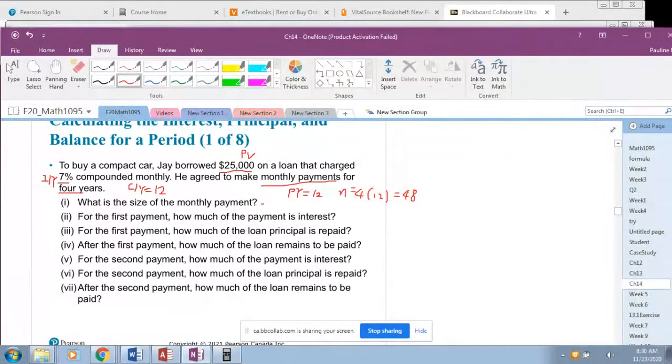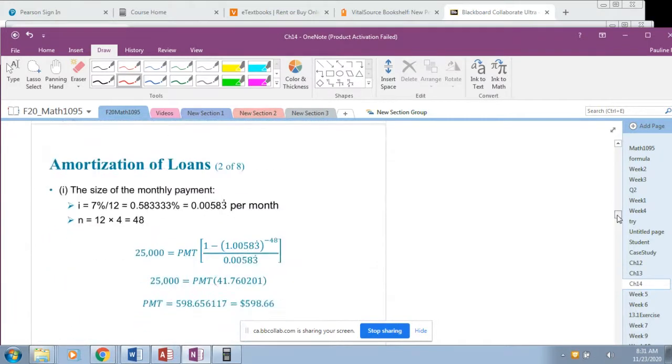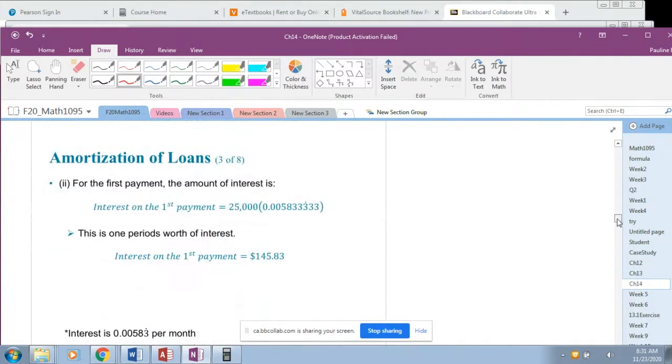Now, question 2. For the first payment, how much of the payment is the interest? Remember, each payment has two components, a principal component and an interest component. So how much is the interest? We figured out this PMT.